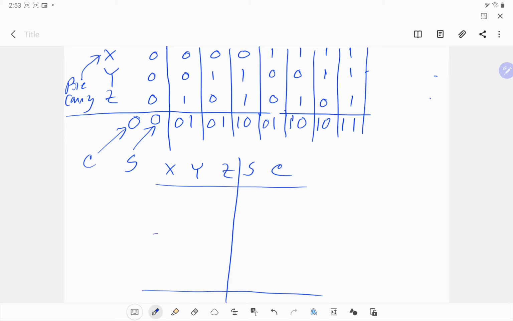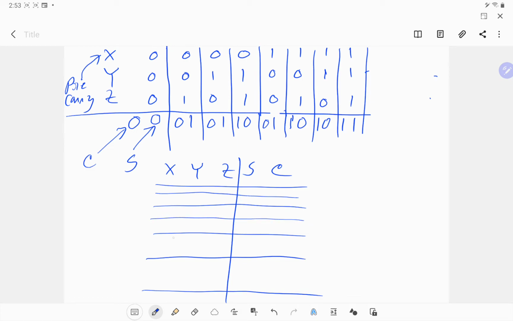So there will be 8 combinations. 0 0 0, 0 0 1, 0 1 0, 0 1 1, 1 0 0, 1 0 1, 1 1 0, 1 1 1.